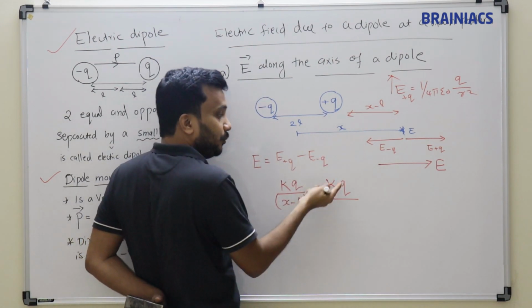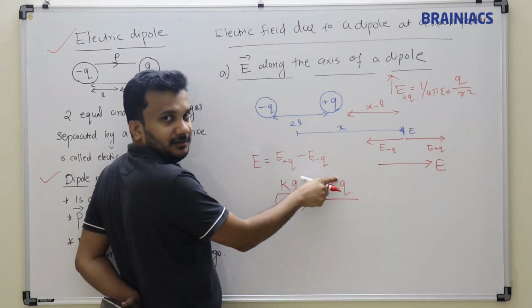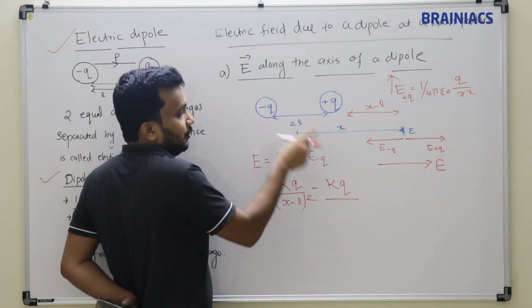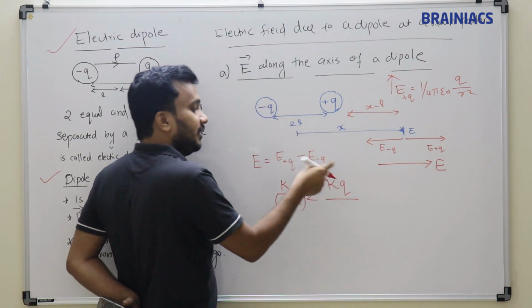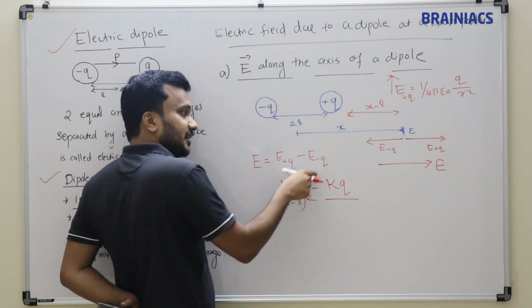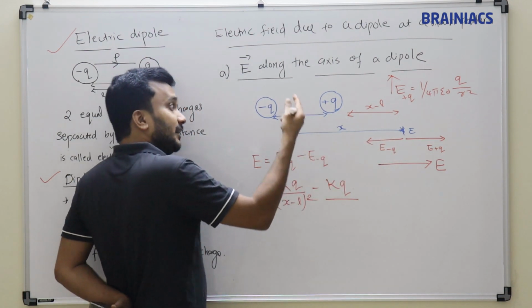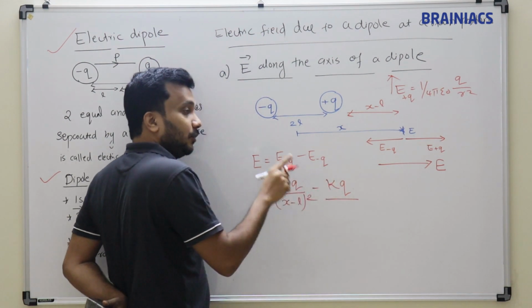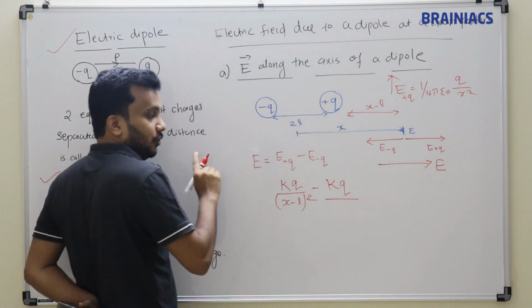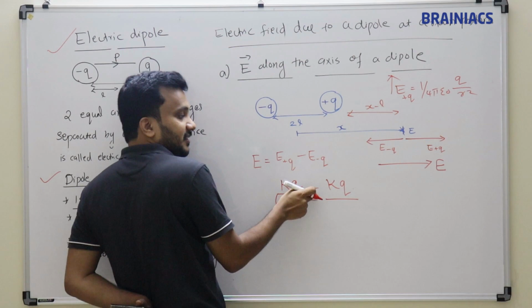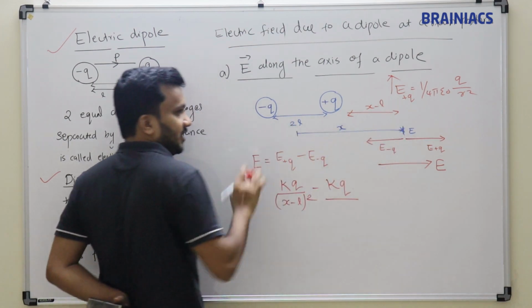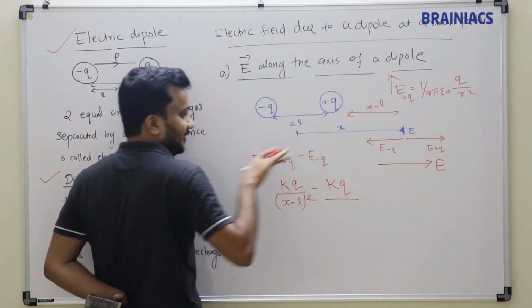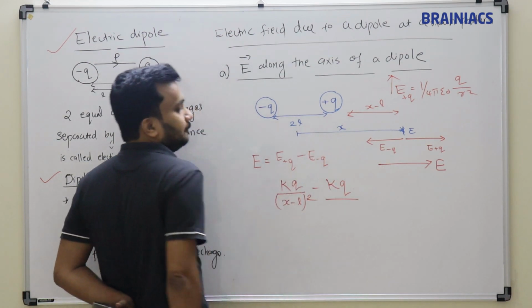So you don't want to put one more negative here. Because you know it is minus q, we already have a minus. This minus indicates the electric field direction is like this, that it's a negative charge. So you don't want to put one more minus, never put. Not required to put one more minus. Already this minus indicates it is towards the charge. So the minus is already considered. You don't want to put it again.